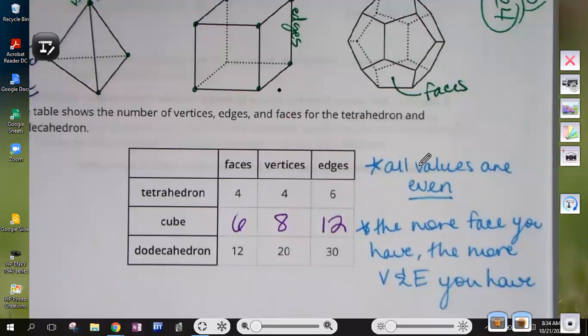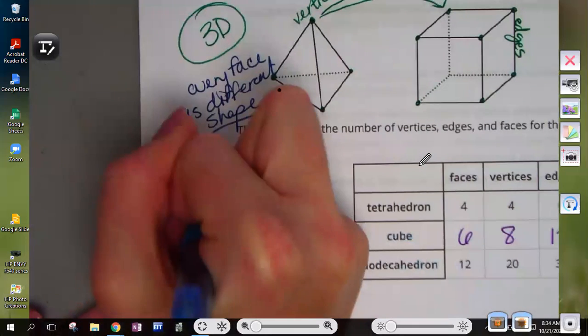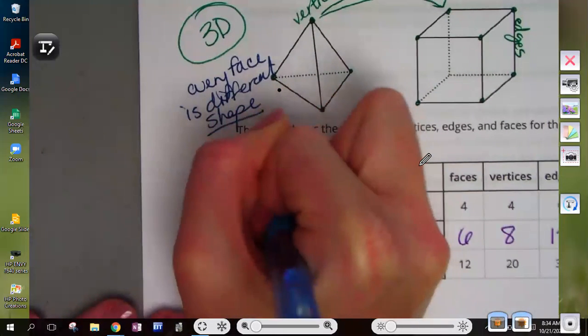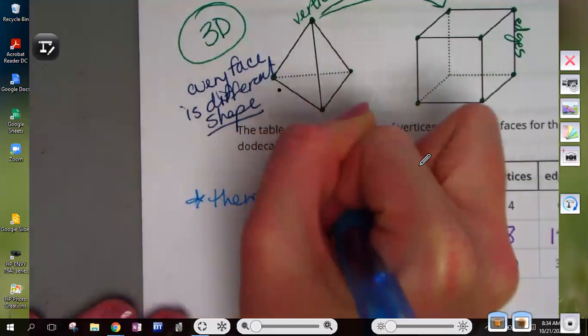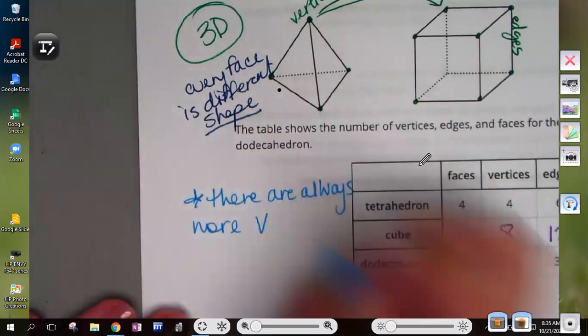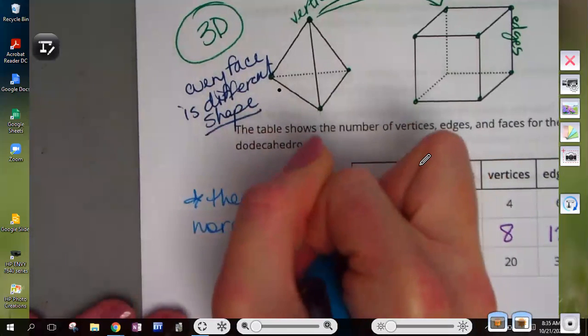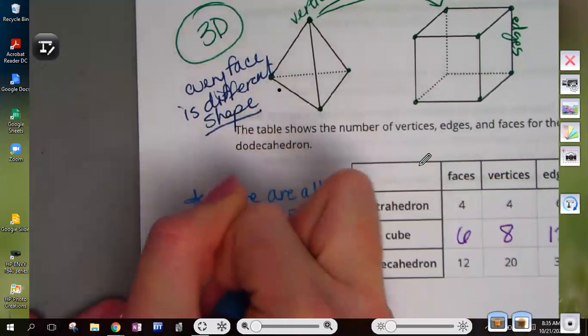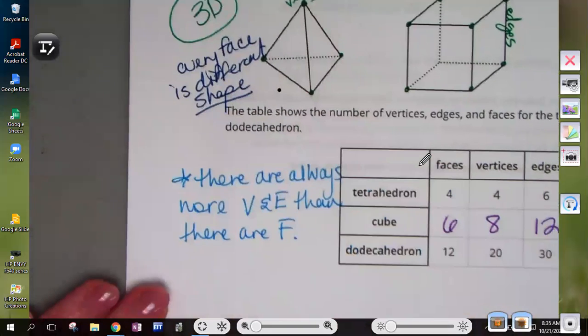Okay, Tyler, what do you notice? There's always going to be more vertices and edges than there are faces. Oh, okay. Got it. There are always more vertices and edges than there are faces.